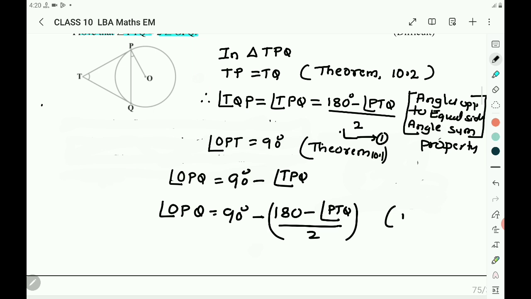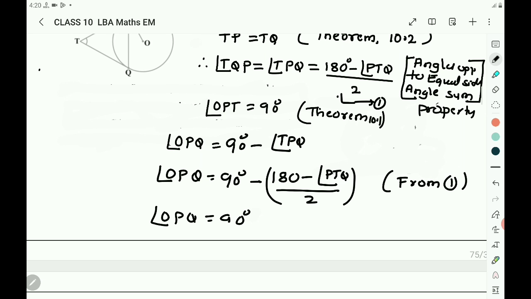Then write the reason first. Then you write angle OPQ is equal to 90 degrees as it is, minus 180 by 2 minus angle PTQ by 2.